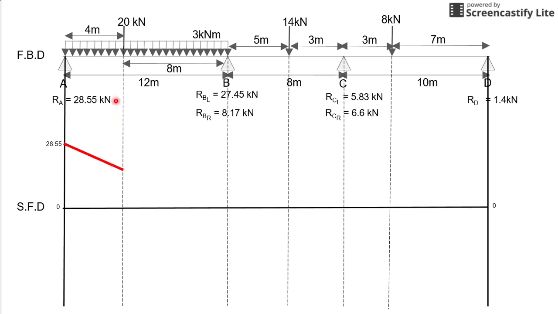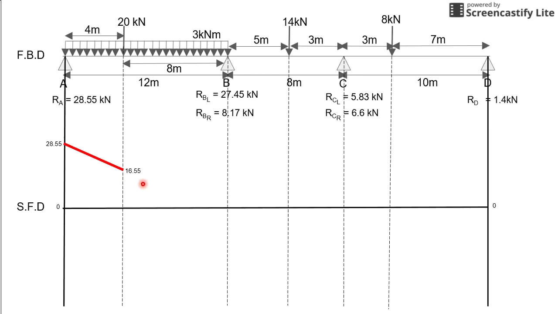And why it goes diagonally downwards is because from point A to the next point there is a uniform load. If it's a uniform load, your line should be diagonal downwards because the force is acting downwards and is uniform throughout the beam. So it should go diagonally downwards to the next point of 16.55.